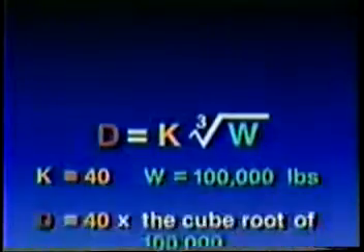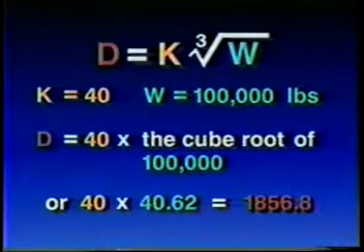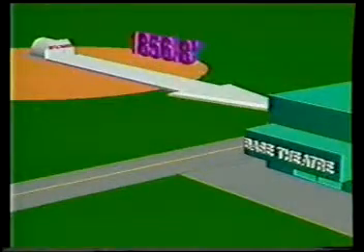The formula, then, for figuring the minimum distance the theater is required to be separated from the igloo is determined by multiplying the cube root of the explosive weight by the protection, or K factor. Thus, the theater cannot be built closer than 1,856.8 feet from the munitions igloo. Like the theater, other buildings of public assembly cannot legally be sited inside the inhabited building arc.